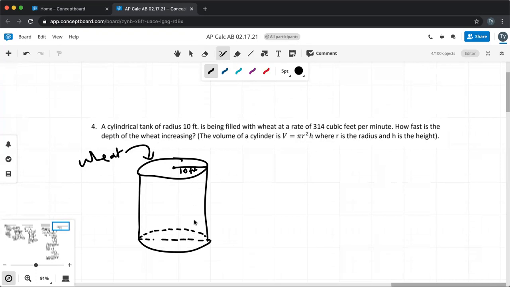The height of this, well, actually, let's imagine we've already put some wheat in here. So maybe it's full up to like this point here. All right, so the height of the wheat is actually going to be given by this part right here.